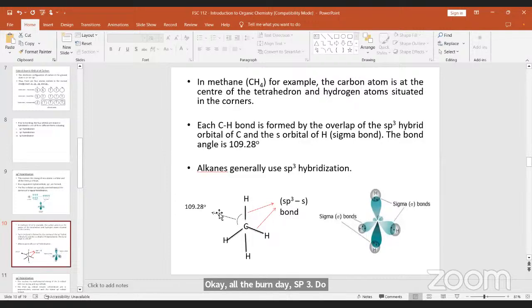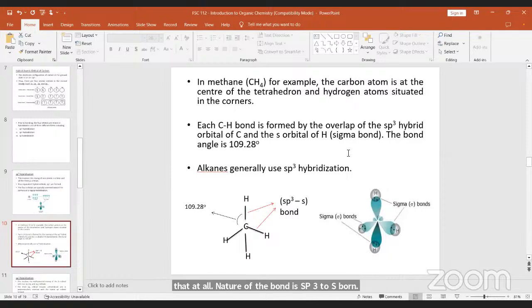So again, remember that the angle is 109.5. The shape of the hybrid orbital is tetrahedral, and that is why the shape of methane is also tetrahedral. And if eventually the carbon forms a bond with another atom, the nature of the bond is sp3 to s bond.